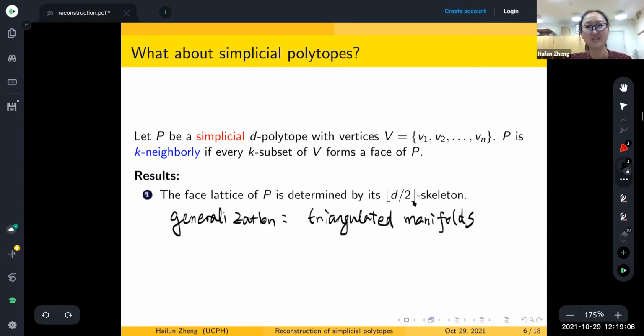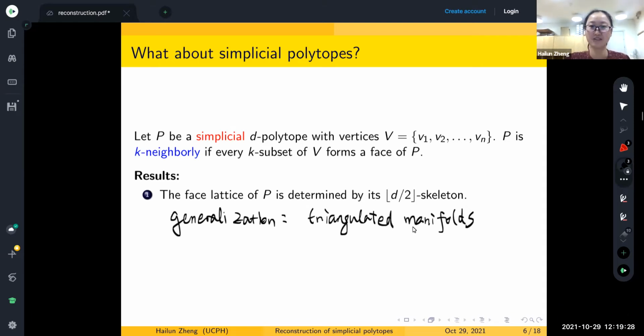I think you just have to know a little bit more, say the D over 2 plus 1 skeleton, using the same kind of proof, that is the topological argument. All right, so that's good. For simplicial polytopes, we just have to know half of the faces, faces of dimension up to D over 2.